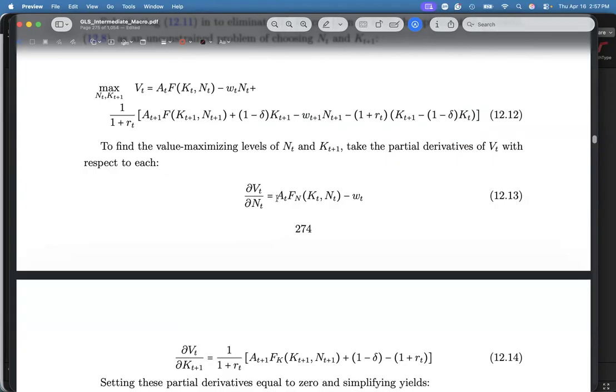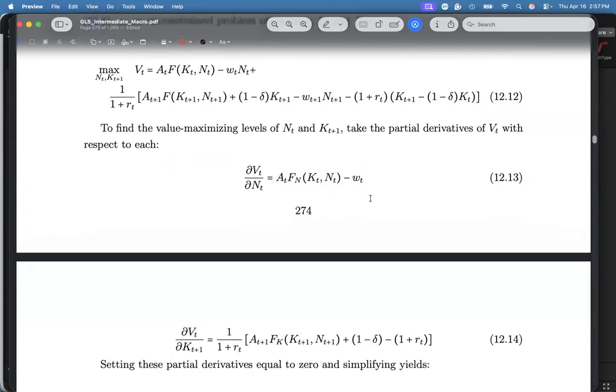So this just says that in the current period, you will increase your N until the marginal product of labor, which is this one, equals your wage. Okay, which is the standard Econ 101, Econ anything in a labor class. This is the first thing that you're gonna get.